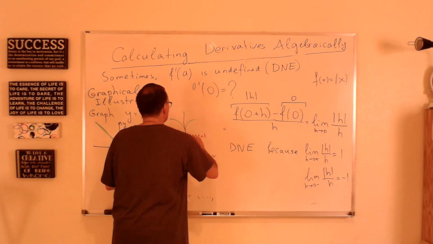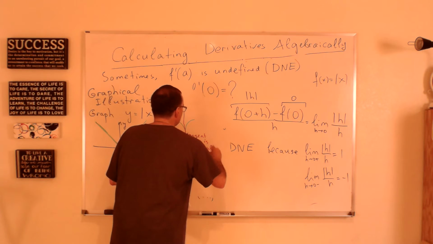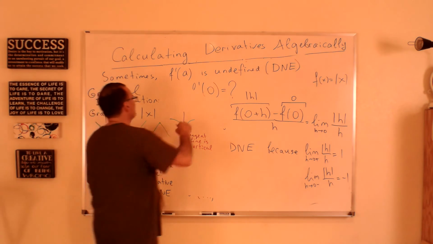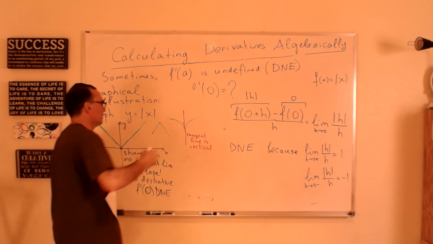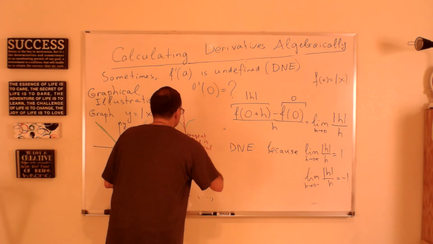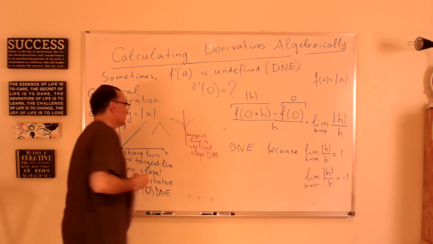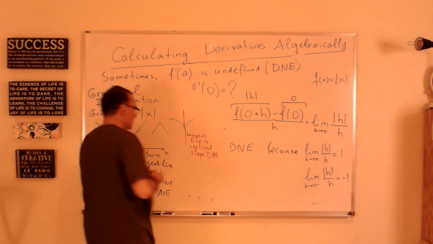Tangent line is vertical. And again, from algebra we know that a vertical line is the only type of line that has no slope. So the slope is undefined, DNE. And since the derivative equals the slope of the tangent line, that means the derivative is undefined.